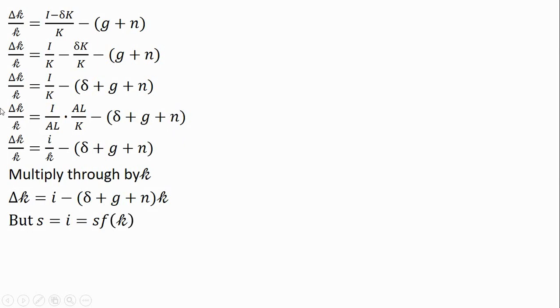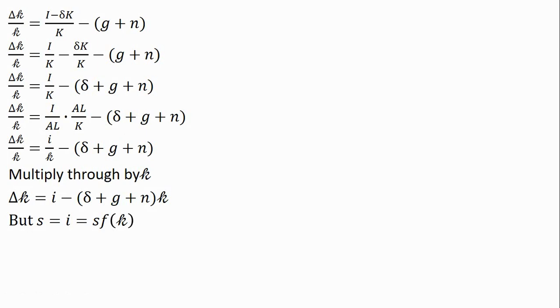Now, it's what I did in this equation. Here remember I have I over K, right? So it is the same thing I did here. I also multiplied the I over K by AL, and also divided it by AL. What I changed is the appearance or the order.